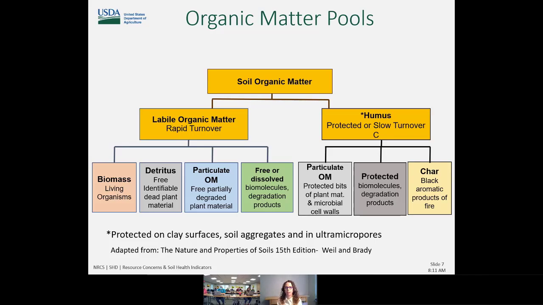That would be particulate organic matter that's protected within plant materials or microbial cell walls, the biomolecules and degradation products that might be protected chemically with chemical structures or functional groups, and then lastly, more stable char or aromatic products of fire, like biochar, which is one example of that category. So as we think about managing all of these different pools, they have different functions in the soil, but each is essential to a healthy functioning soil.